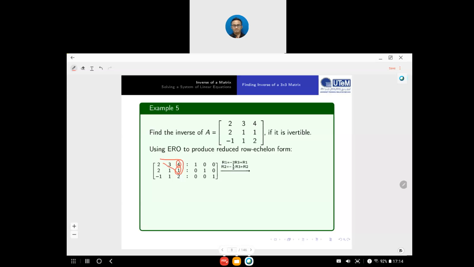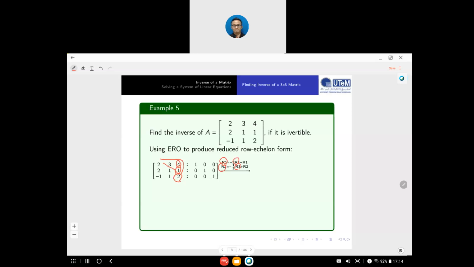Remember, when you want to change these 2 entries to 0, we can use the entry in row 3, because you can solve directly between row 1 and row 2 using row 3.